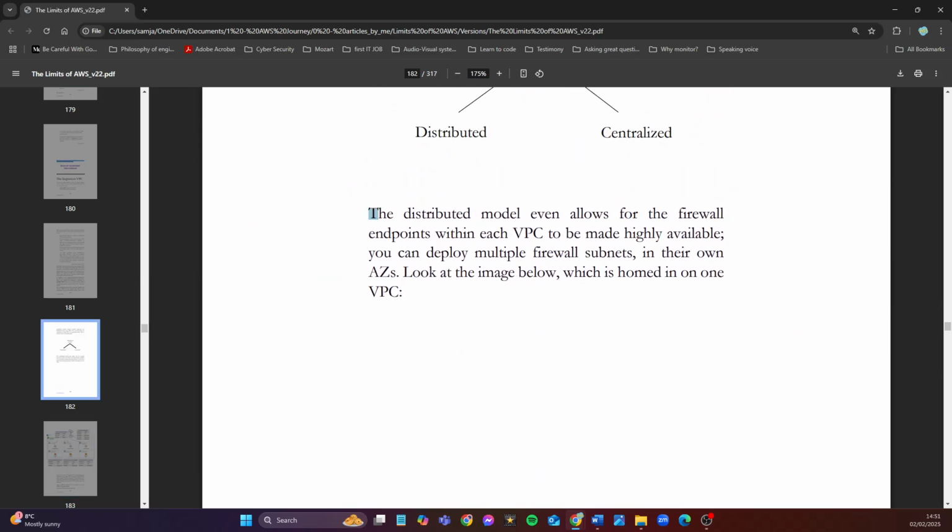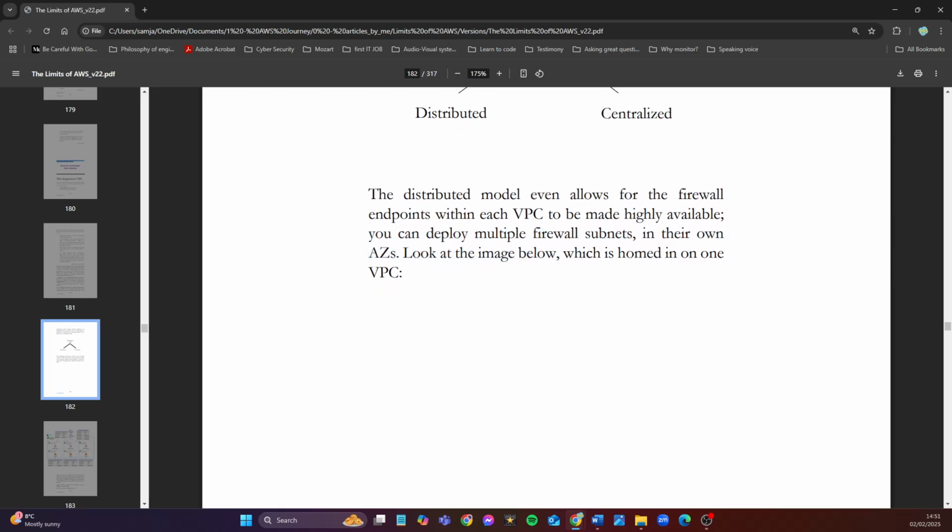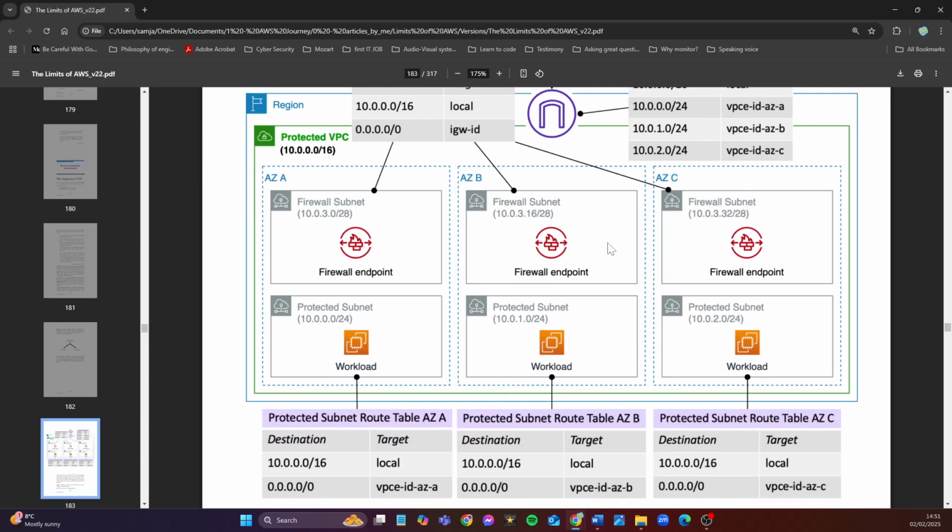So we've said the distributed model even allows for the firewall endpoints within each VPC to be made highly available. You can deploy multiple firewall subnets in their own AZs. But this isn't shown here because here we can only see one VPC, so we can't be looking at the distributed model here, can we?